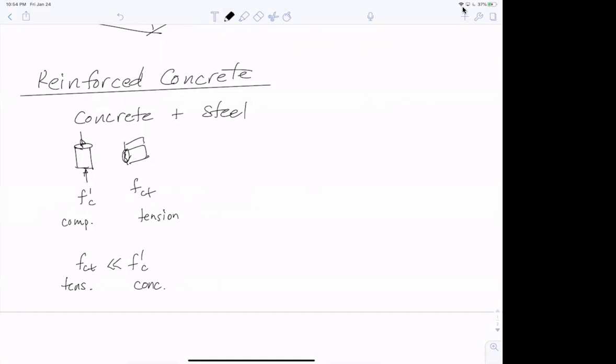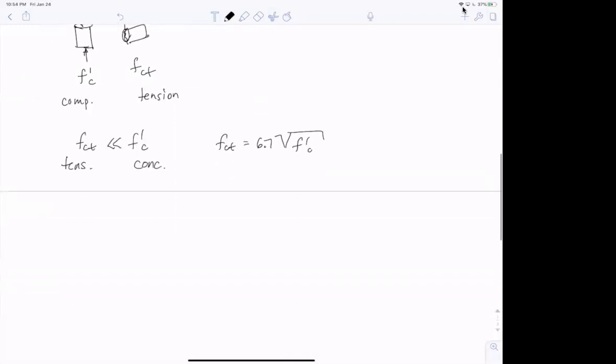The other thing we found out in PSI was FCT was about 6.7 square root F prime C. But the main thing was that the compressive strength was in the thousands and the tensile strength was in the hundreds. To give you an idea of what that means to be a tenth, let's say you take a test and you get 90 out of 100, so you get an A. That would be the compressive strength.